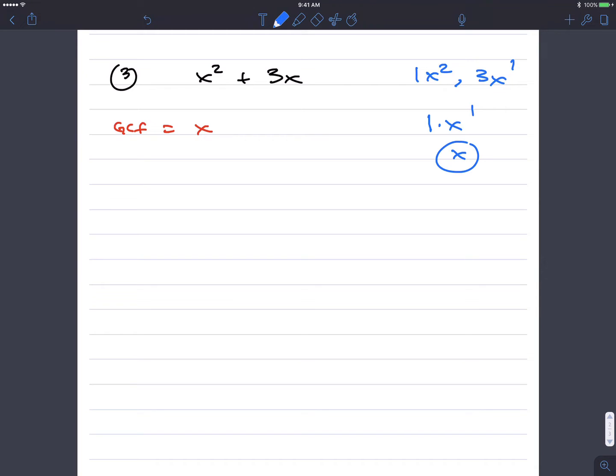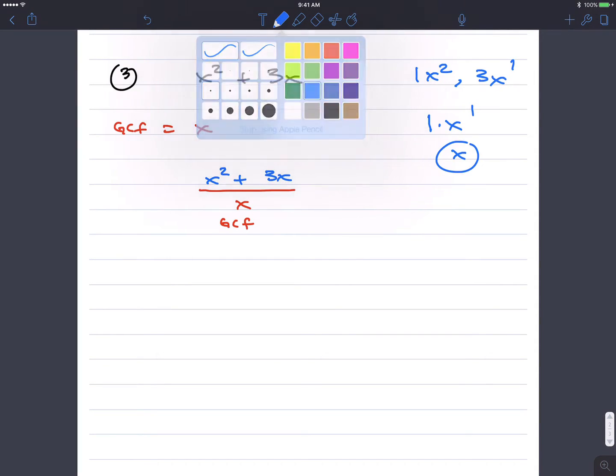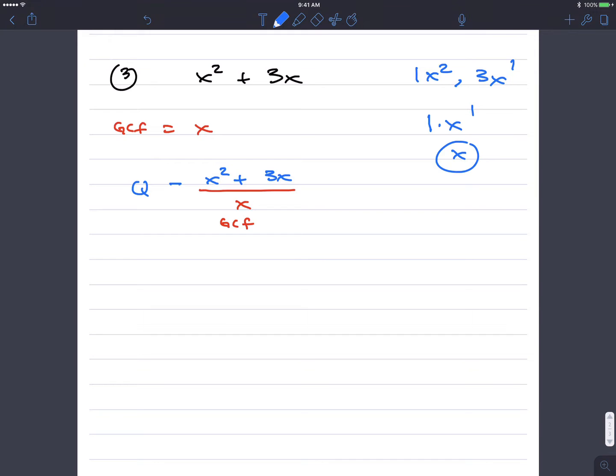Right, here's our first step. You're going to take x squared plus 3x, and what are you going to do? Divide it by that GCF of x. We're going to find this quotient, q. Q is equal to this division problem.